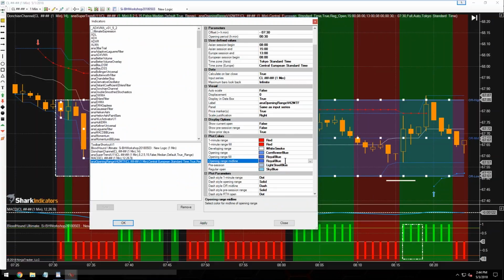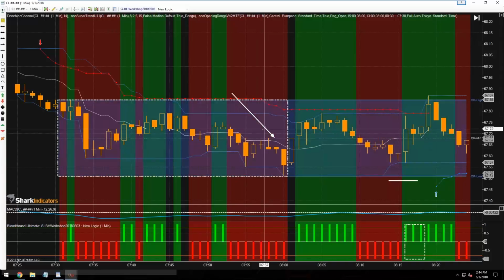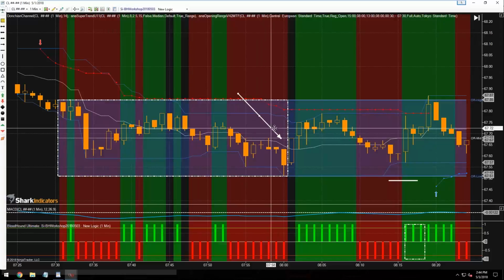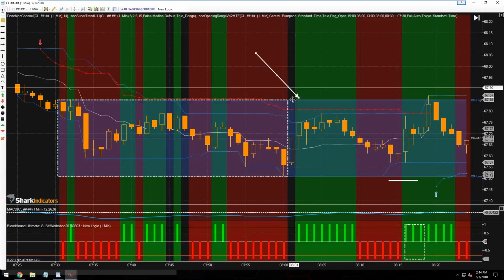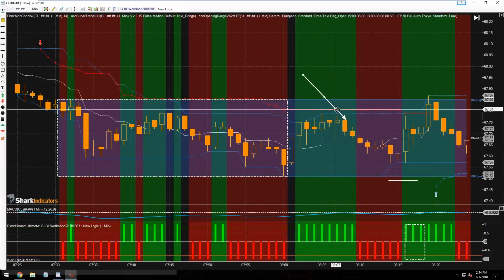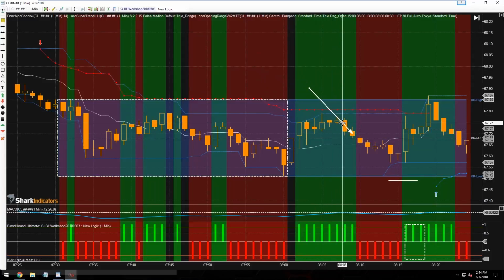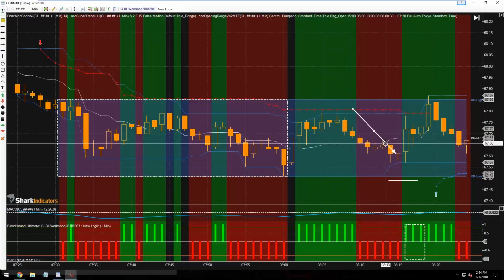There you go, midline. I'll make it a little brighter. There, now you can see it. All right. But now, if the bar closes above it, we're getting a long. So as long as the bar closes above that midline, we're getting basically a long bias, right? And if the bar closes below it, we're getting a short bias.